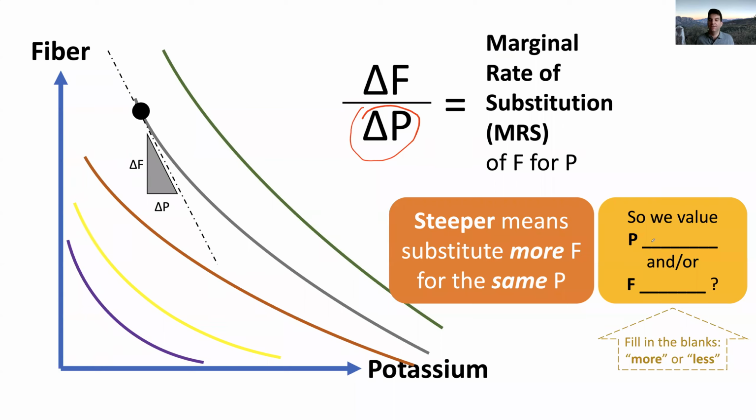So in this case I value potassium more and I value fiber less, which makes sense because I have more fiber, so I don't really care about getting even more fiber, but I have less potassium.